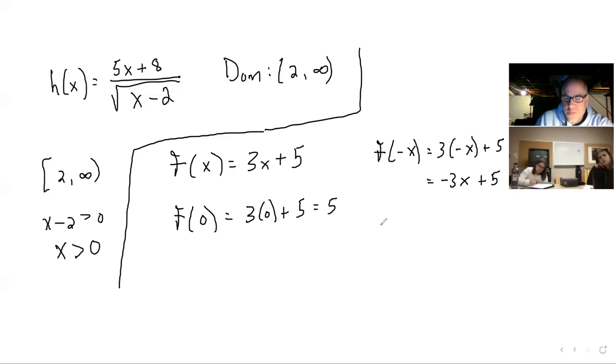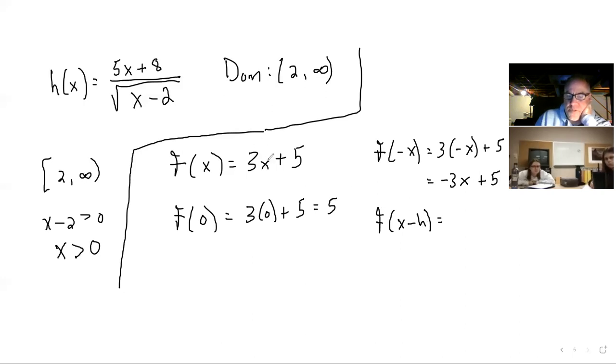I'm going to do one more. This one's going to look really crazy. f of x minus h. Initially for students, the first time they ever see something like this, the abstractness of it takes a little bit of time to wrap your head around. What you have to do is think of this as an open box, and whatever I have here, that's what I put in here.